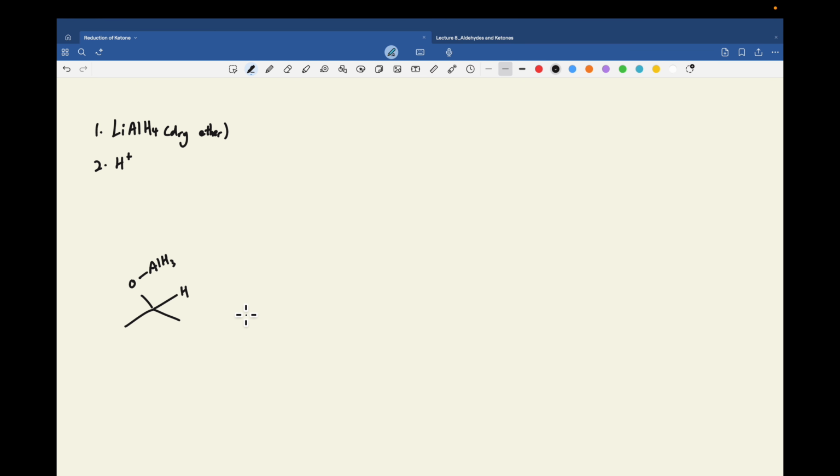From now on, we are going to the second step, which is the acid workup. This lone pair of the oxygen, or we can say this bond, is going to grab the hydrogen atom to give us our final product, which is the secondary alcohol with the AlH3 and another hydrogen added.